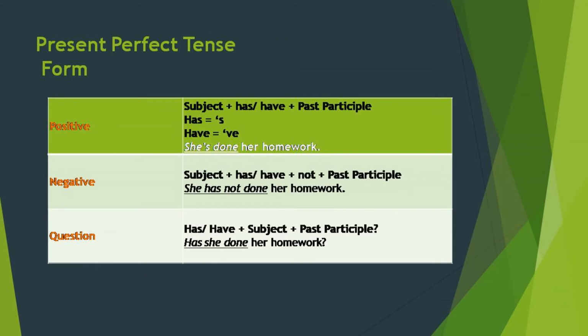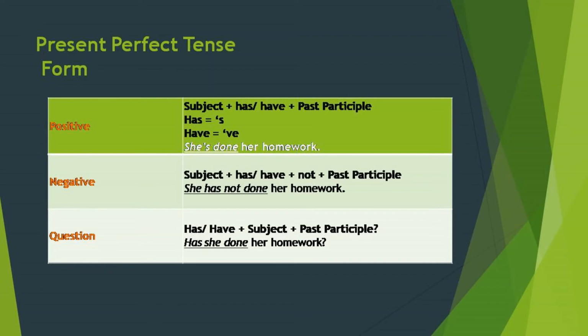And sentence structure will be like, there will be a subject. If the subject is third person singular number, we have to bring an auxiliary has, otherwise we have to bring have. Then the main verb in its past participle form, like, she has done her homework.